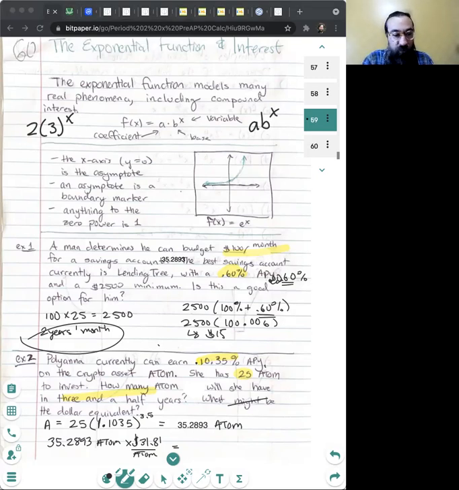So 35.2893 times 31.81, and that gives us $1,122.55. All right, so there is that. I'll get that down, move on to the next page.